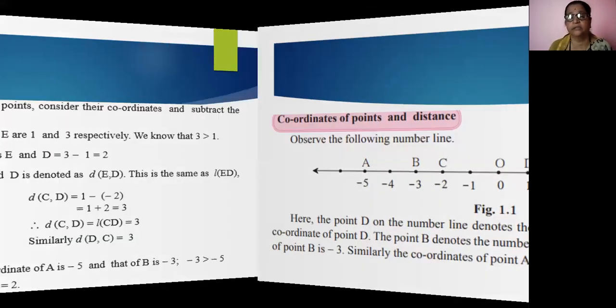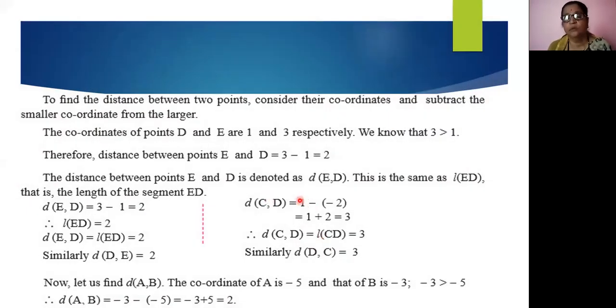So here you can say 1 minus (-2); this minus sign and that minus sign make a plus, so it is 3. Distance CD is equal to length of CD, which is equal to 3.